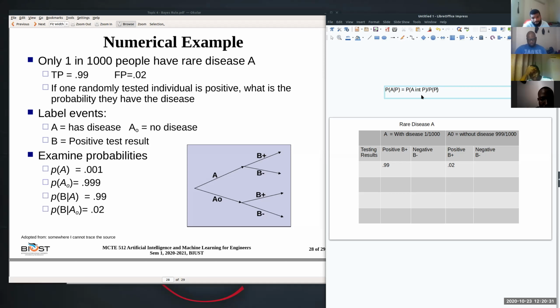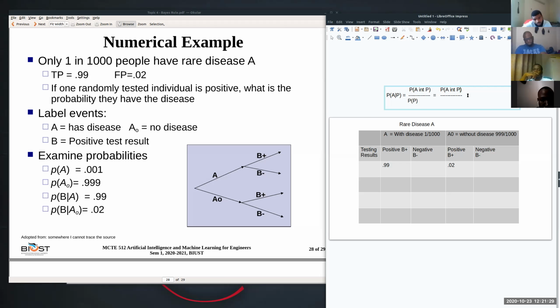Okay, so what are those? Those intersections will be the numerator, divided by the probability of being positive.